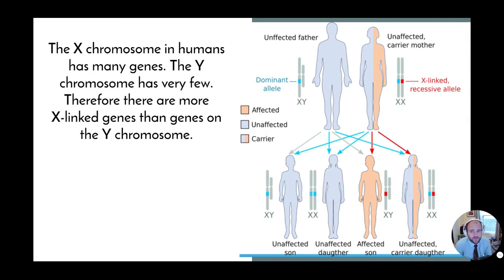And it's a big chromosome, and so there's a lot of genes on it, and the Y has very few. And so this is why we're going to see more X-linked genes than we're going to see Y-linked genes. And usually when we're talking about sex-linked, we're talking about an X-linked gene.